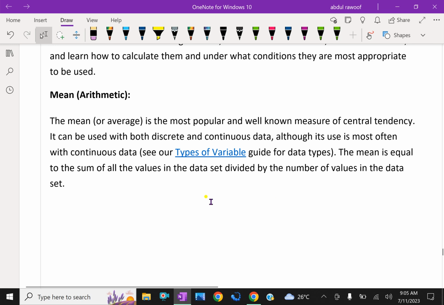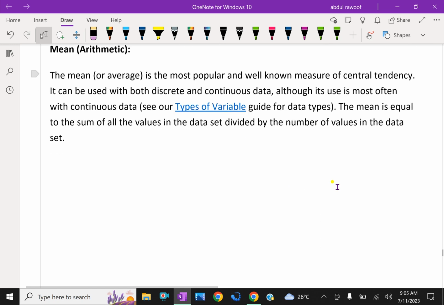The mean is equal to the sum of all values in the data divided by the number of values in the data set.